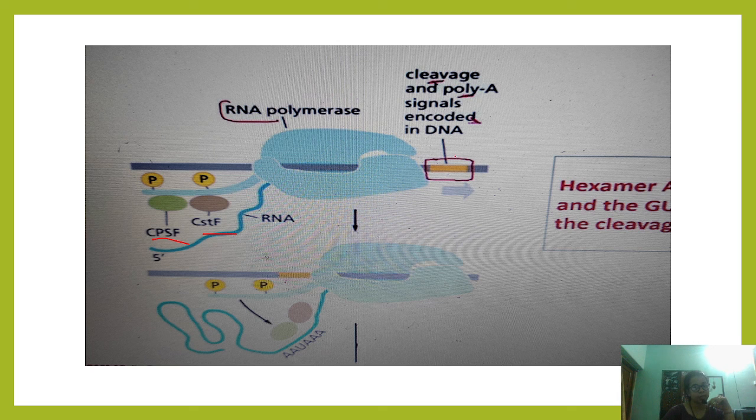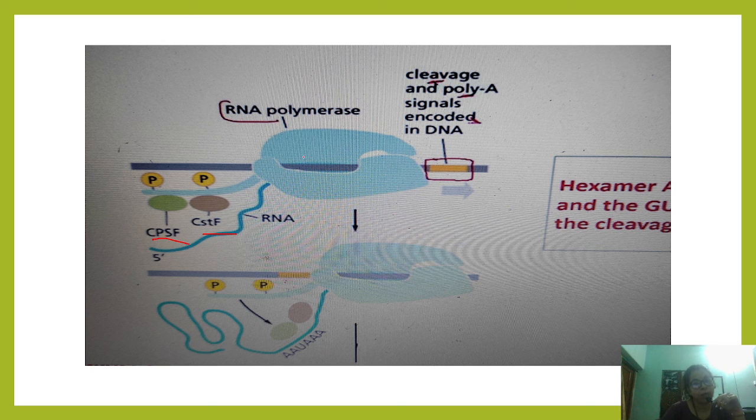Okay, again I am trying to explain what will happen. There will be a signal near the 3' end. You can see here it is not present at the very end of the 3' end, slightly before the 3' end there will be a sequence, the poly A signal, that is encoded in the DNA, and there also the CPSF and CSTF factors are already present here in the CTD region.